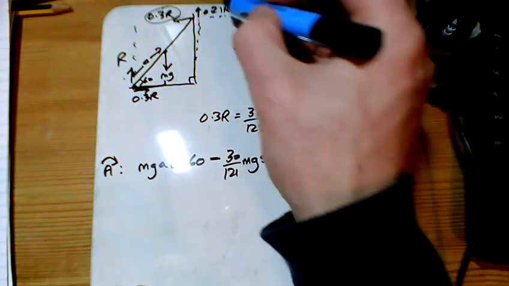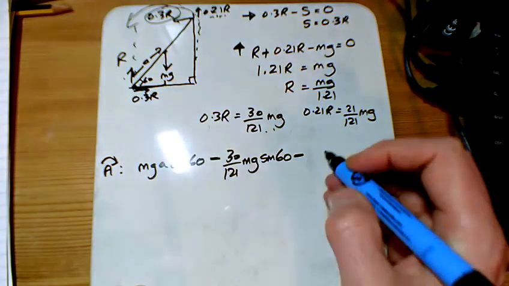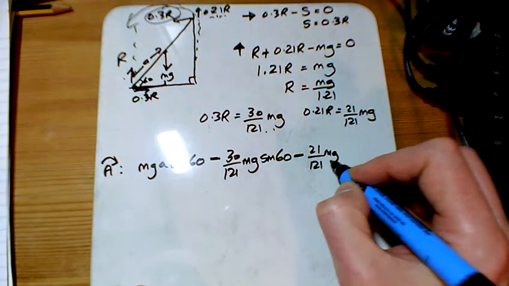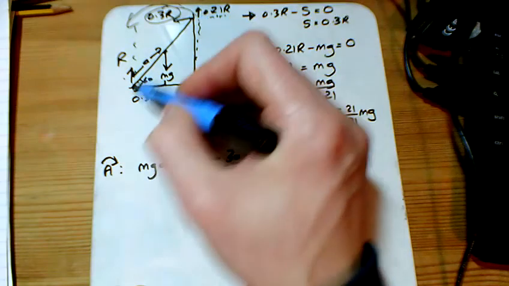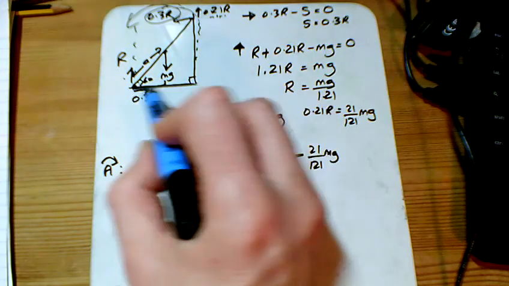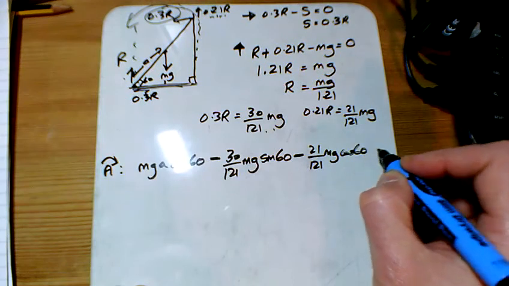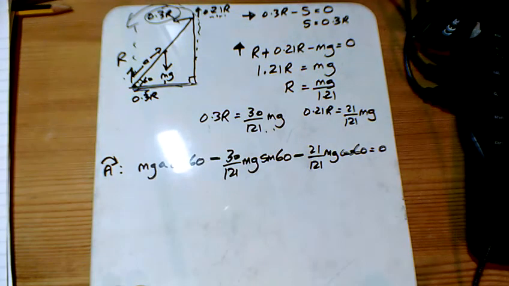We also want to take away this force here. This one's turning it that way as well, isn't it? So that one there is the 21 over 121 mg. The distance there to there again is 1, but we really want this distance here, so that's another cos 60. And that will equal 0.